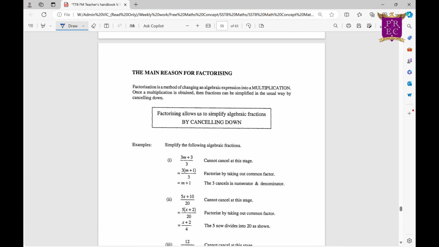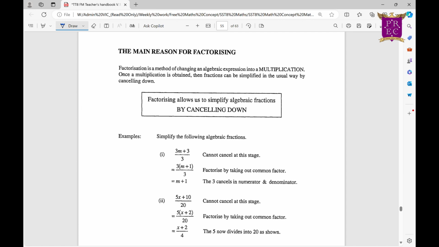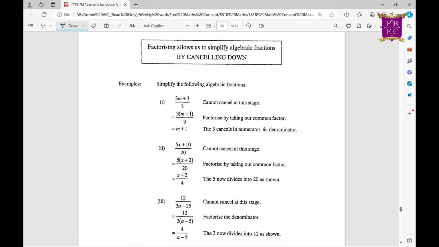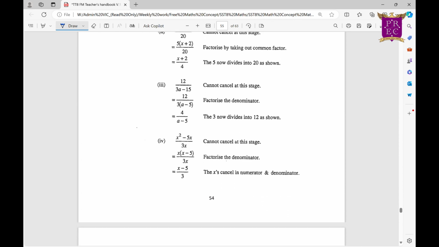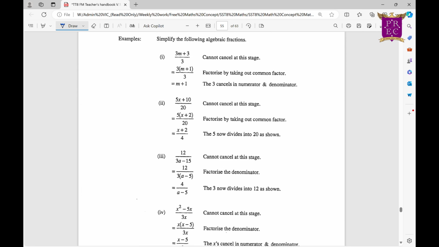Okay, so the main reason for factorizing is the ability to cancel out algebraic fractions. So if we factorize a complicated algebraic fraction, we can cancel it down much quicker as opposed to just doing it on a whim.